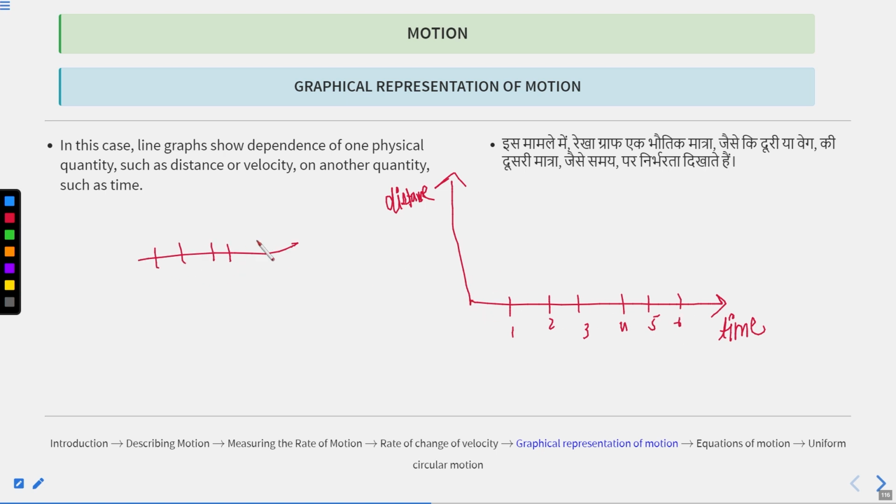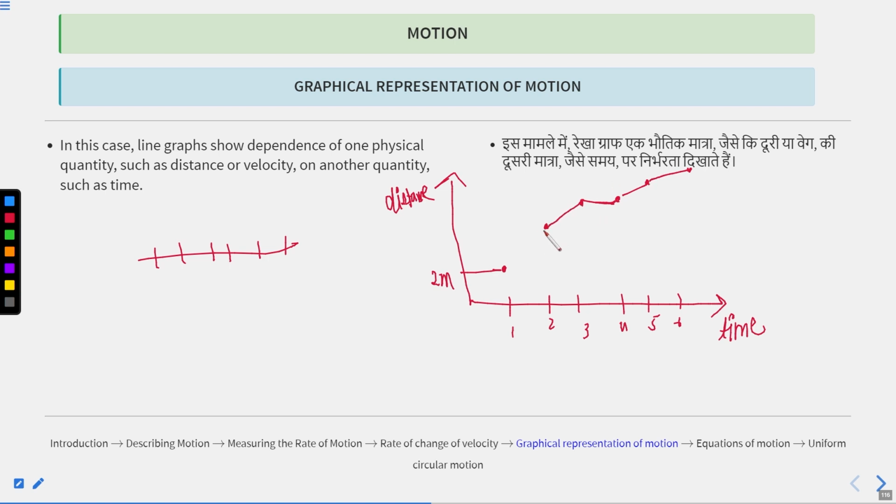In different intervals, an object can cover different distances. Suppose at 1 second the object has covered 2 meters. In the second second, it has covered 5 meters. Similarly, in the 4th second, let's suppose the object has come to rest. In the 5th second it has covered more distance, and in the 6th second also more distance.